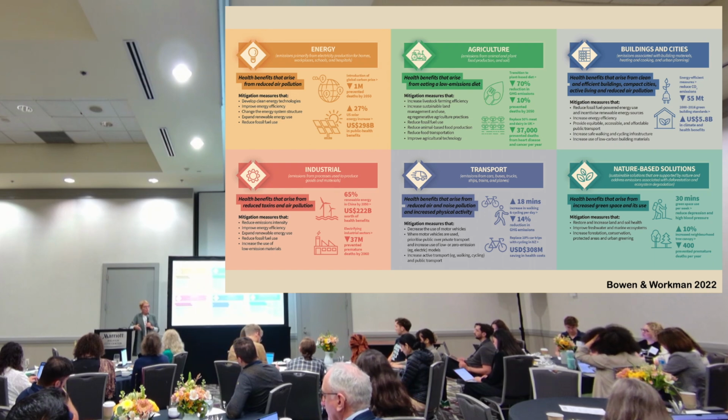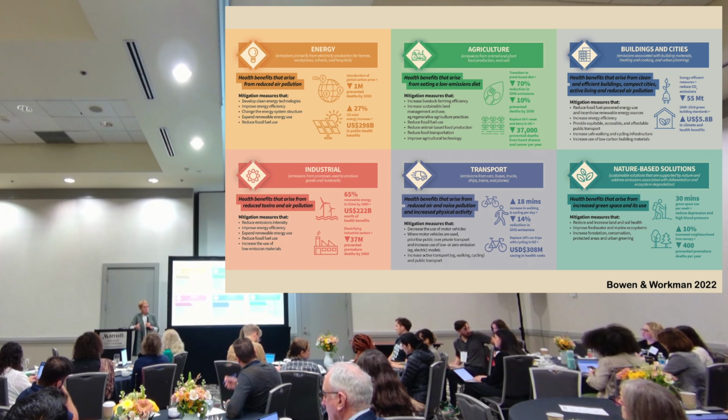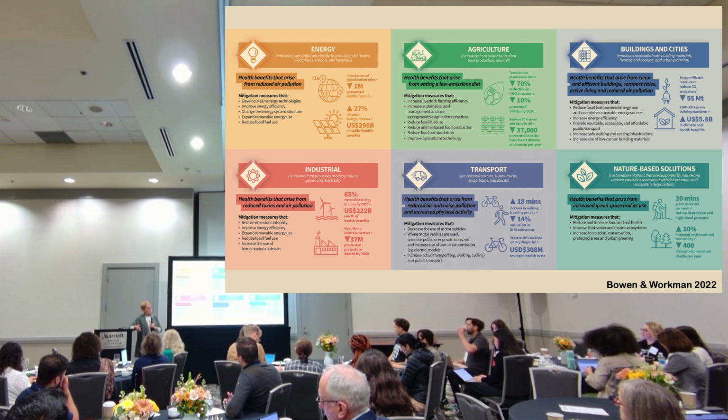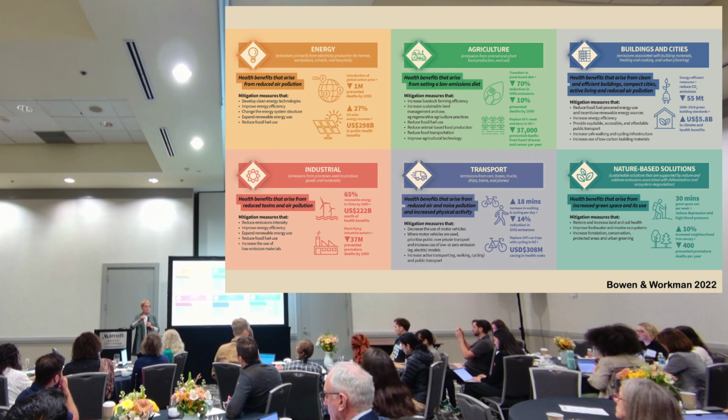It's possible to quantify the number of avoided premature deaths. Economists like to value things. And so economists will value these avoided hospitalizations, the avoided premature deaths. And the summary across all the research that's been done is the value of the health benefits is of the same order of magnitude, if not larger, than the cost of mitigation.